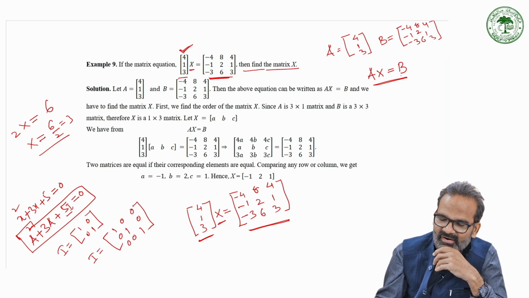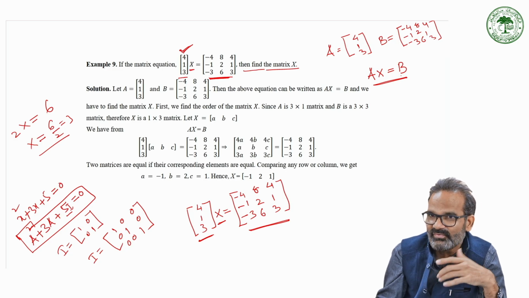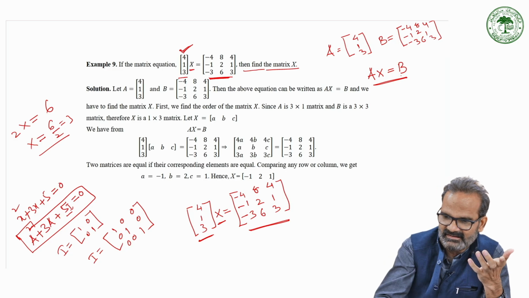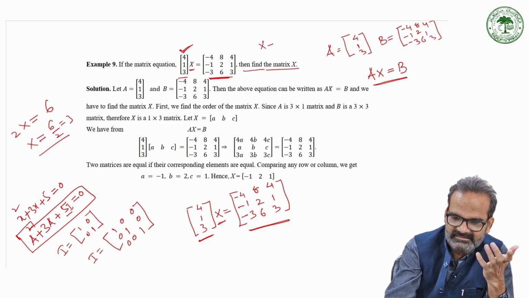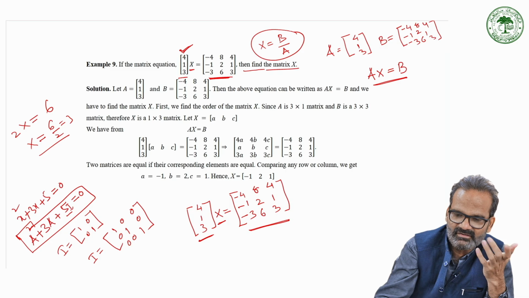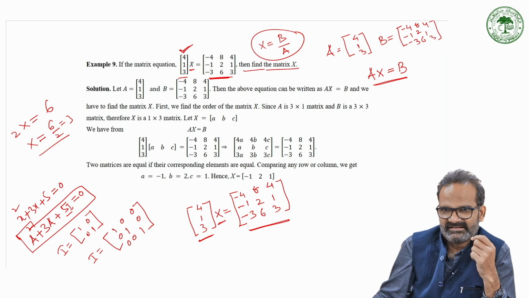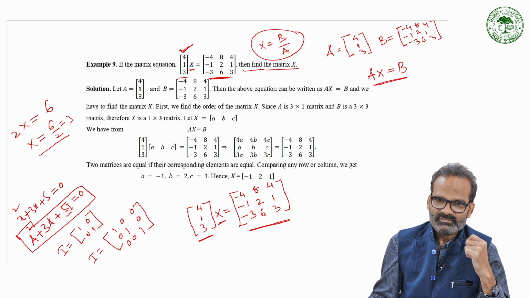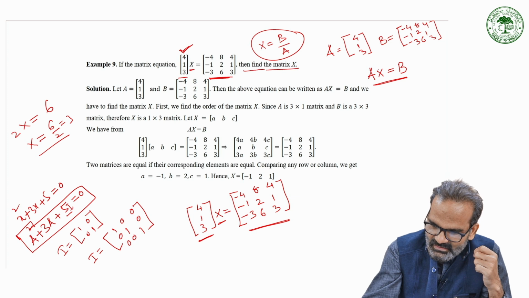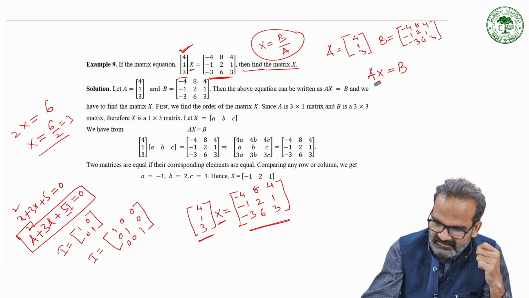So see what we have to do. We cannot divide the matrix B by matrix A to find the value of X. We can't write X equals B upon A. No, this is not valid because division is not there in case of matrices. So what should we do?